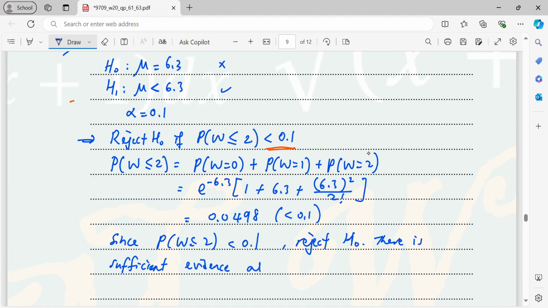But remember, this decision or result is only valid at 10%.